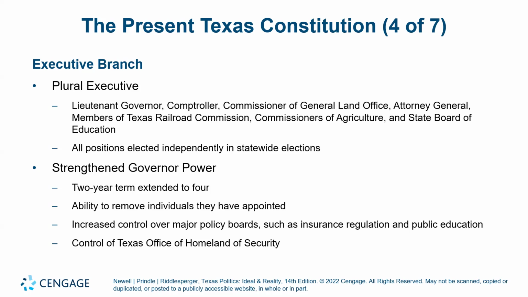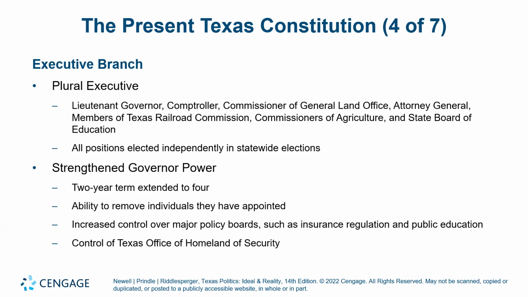What I mean by that is that when a new administration comes in, the people at the top are not usually the same. When the president comes in, it's also a new cabinet and a new administrative staff within the White House. But in Texas, it's not so easy to do that.